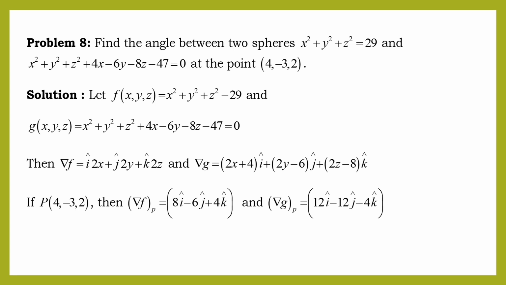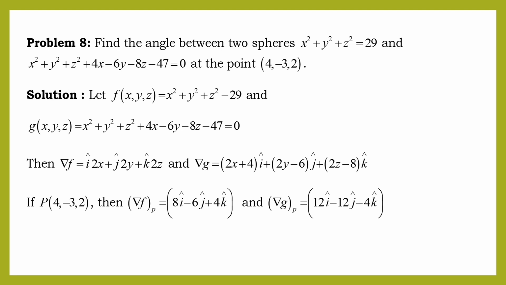Similarly, we have to find out the gradient of g, del g. To find out del g, again we have to find out dou g by dou x, dou g by dou y and dou g by dou z. Dou g by dou x equals 2x plus 4. Dou g by dou y equals 2y minus 6. Dou g by dou z equals 2z minus 8.